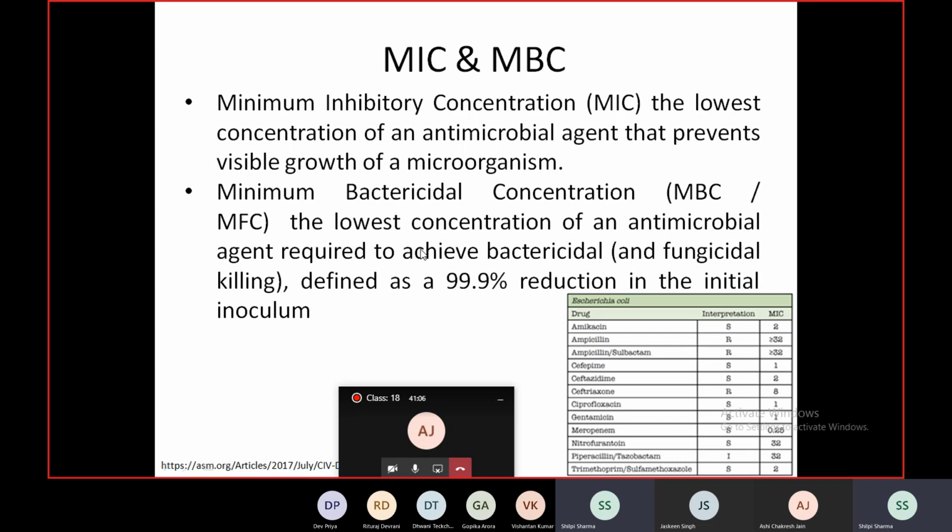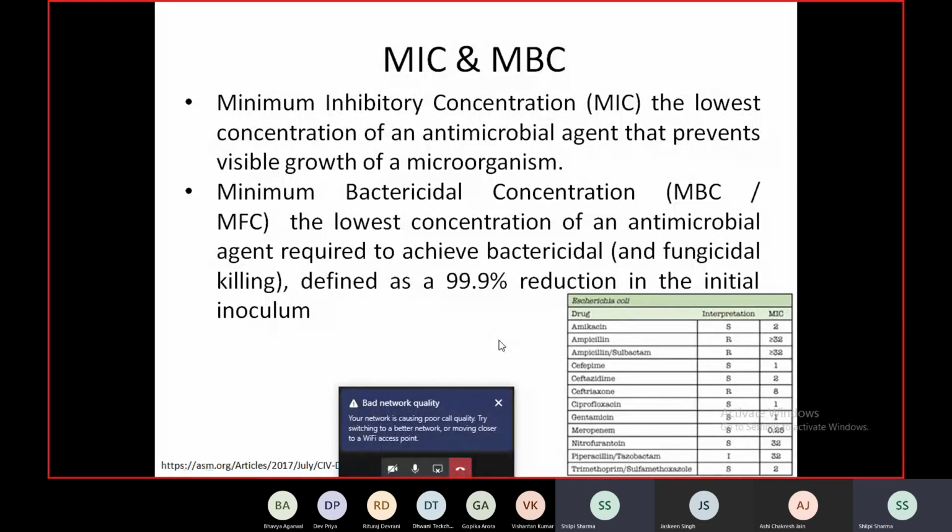On the contrary, bactericidal, as the name suggests, it is the lowest concentration to achieve bactericidal effect, defined as 99.9% reduction in the initial inoculum. And I'm not sure if you've come across some reports like this. This is a kind of report generated when you get your samples analyzed clinically.